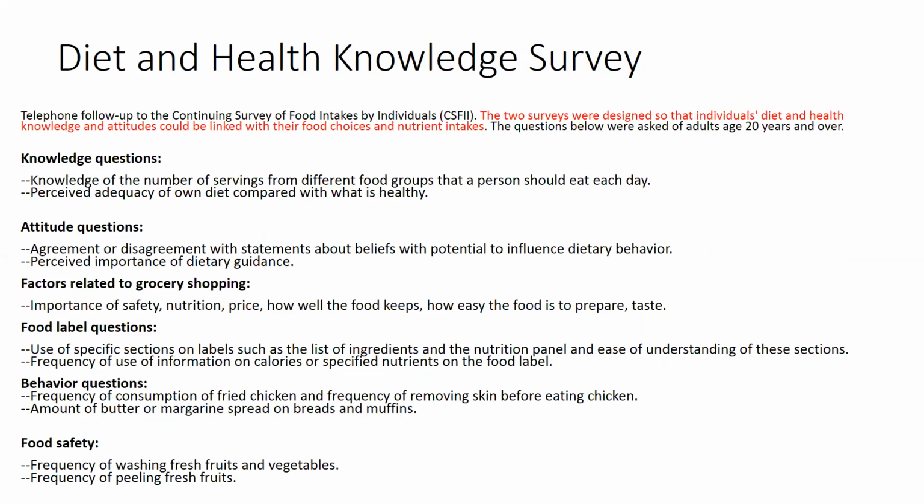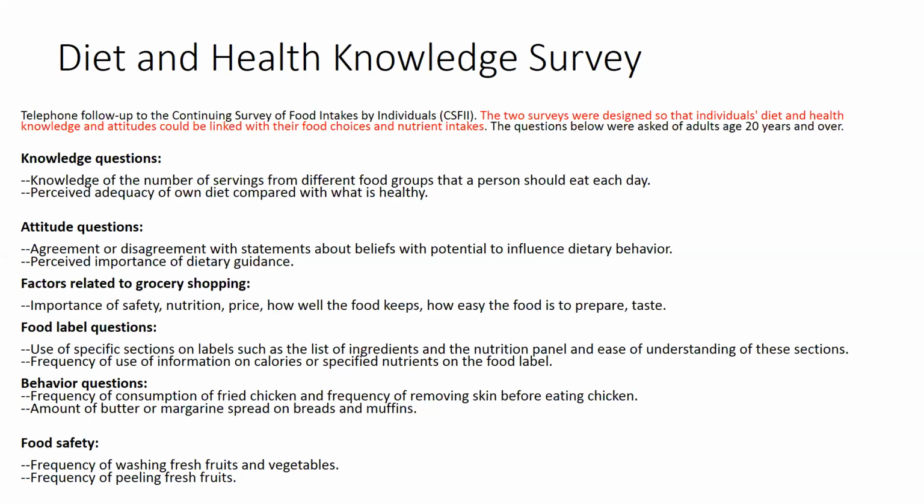Another thing that we're interested in our population is their diet and health knowledge and attitudes. So this was a piggyback of the continuing survey of food intake. They're interested in individuals' diet and health knowledge and attitudes because, of course, that is probably linked to their food choices and nutrient intakes.